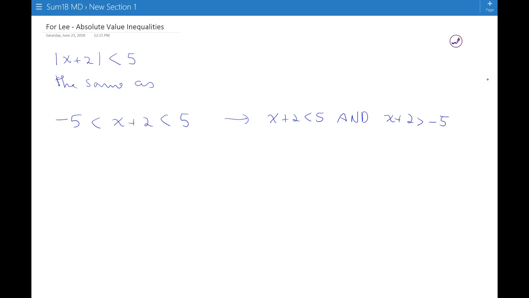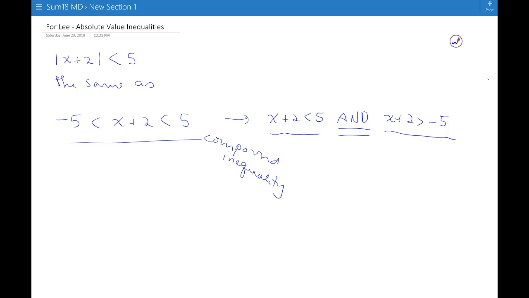So do you see how this one compound inequality combines these two inequalities with an and in between? So that's the meaning of writing the compound inequality. That's why we studied compound inequalities right before we did this absolute value inequality.